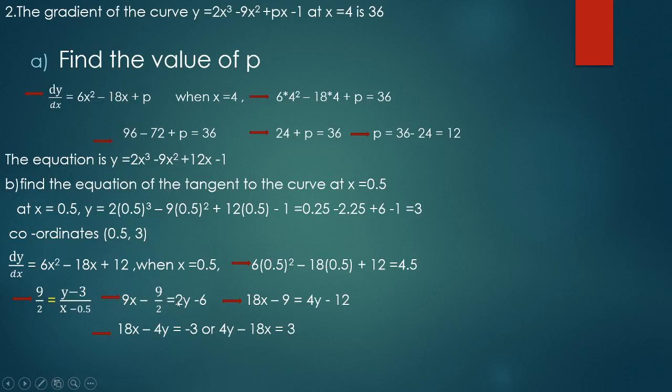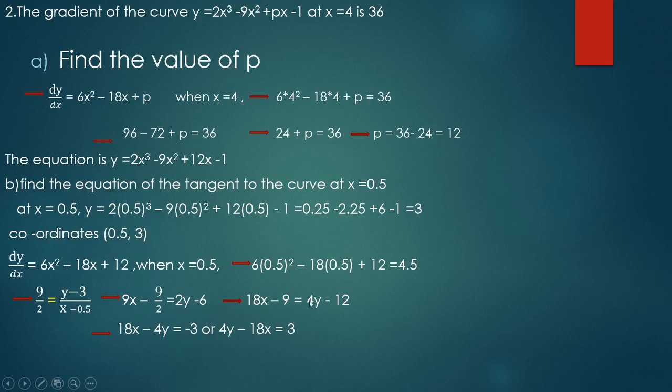9x minus 9 over 2 is equal to 2y minus 6. Now let's have the like terms together. If I multiply each part by 2, I remove the fraction. So I shall have 18x minus 9 equals 4y minus 12.